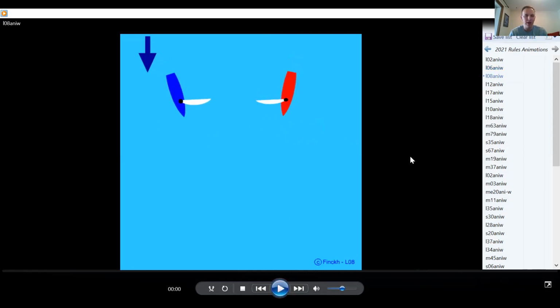Okay, now going downwind. Who needs to keep clear? Raise your hand if blue needs to keep clear. I see one hand. Raise your hand if red needs to keep clear.